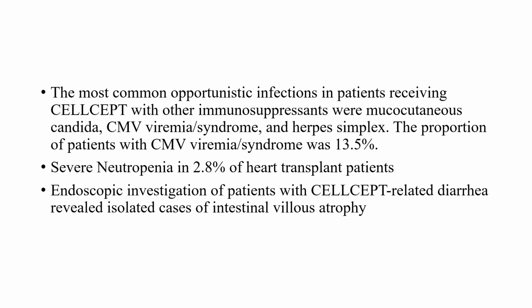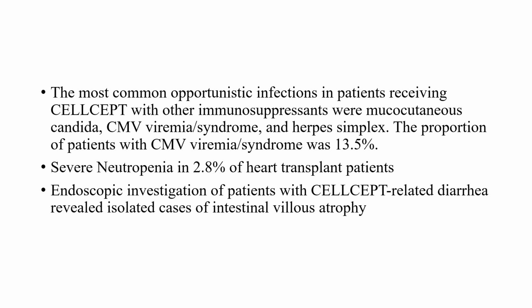So the most common opportunistic infections in patients receiving Cellcept with other immunosuppressants were mucocutaneous candida, CMV viremia syndrome, and herpes simplex. And CMV viremia incidence in patients using Cellcept is 13.5%. Severe neutropenia is reported in about 3% of patients post-heart transplant.